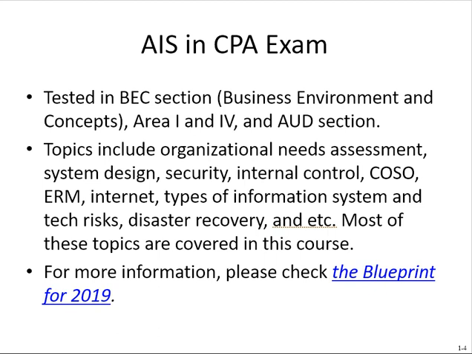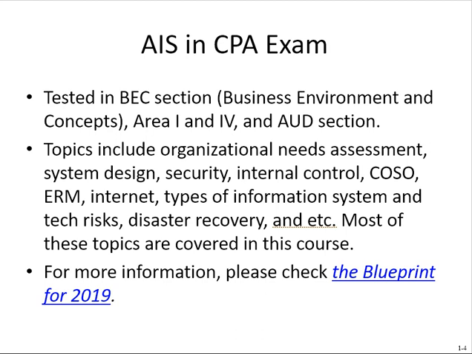More importantly, we have the CPA exam. Accounting information system is tested in the CPA exam in the business environment and concepts section, BEC section. And also it is covered in auditing section a little bit as well. So what are those topics covered?